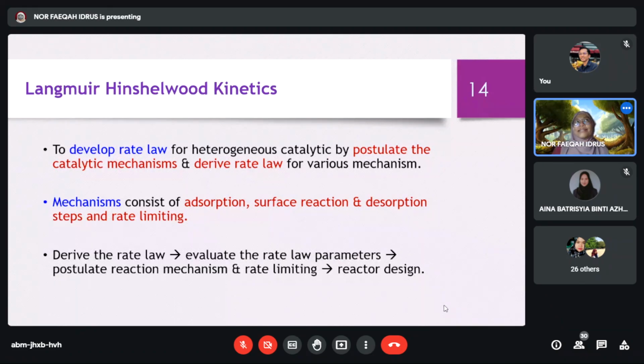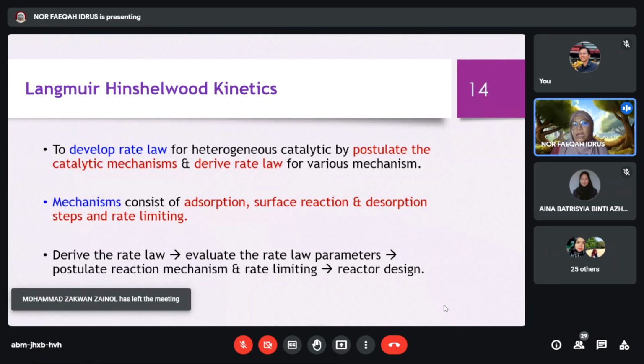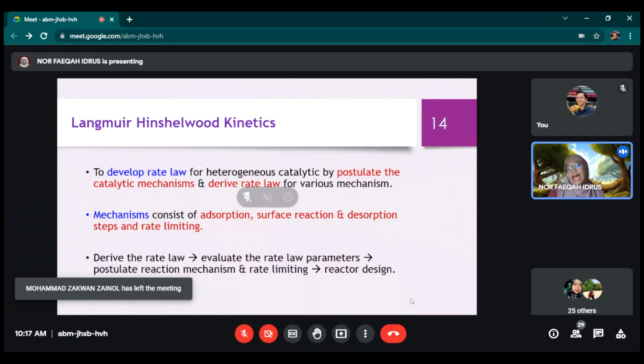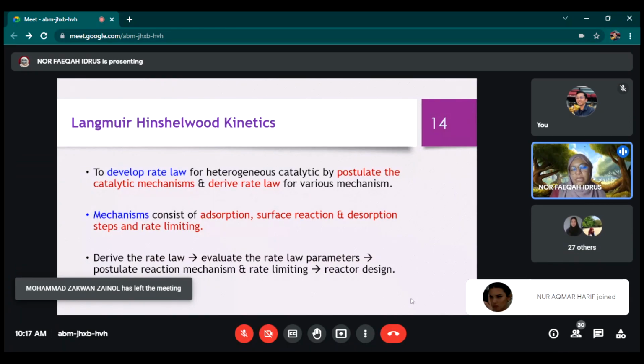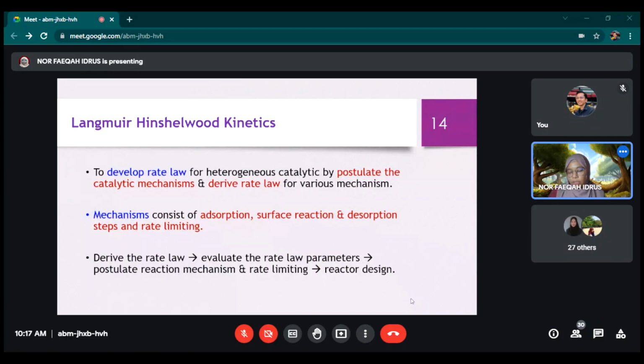So it means it is more of a trial and error method. And then how do we prove that the mechanism that we propose is correct? Usually you need to compare it with the experimental data. But that is more for those who do research. Usually postgraduate students do research on that.